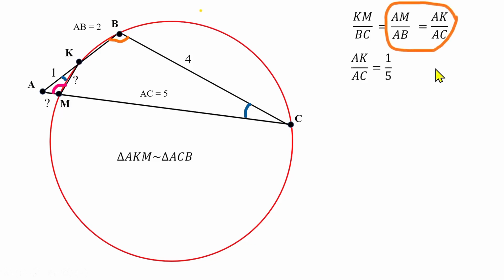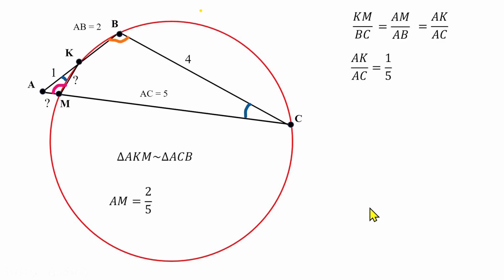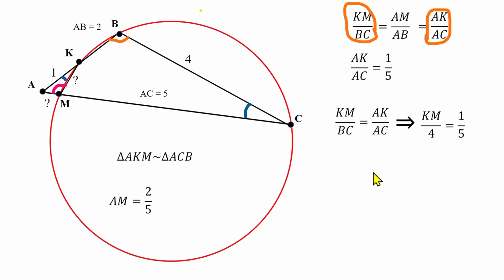Then we can take this proportion separately. This is 1/5. And from here we can find AM. AM equals 2/5. As a next step, we consider this proportion. We write it separately. Again, here is 1/5, and KM equals 4/5.